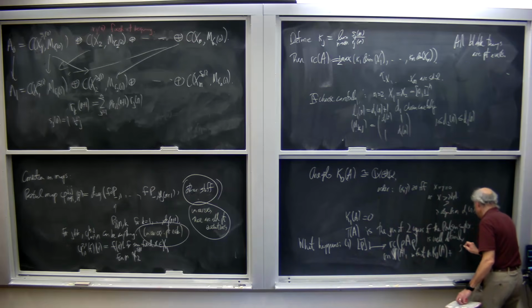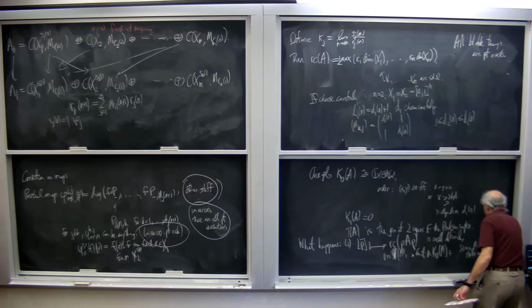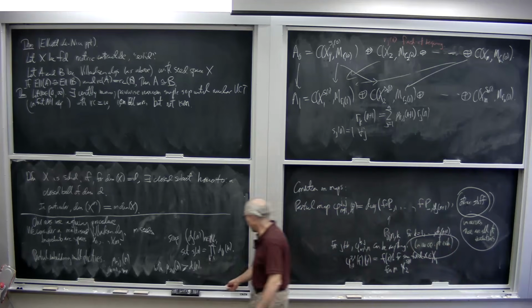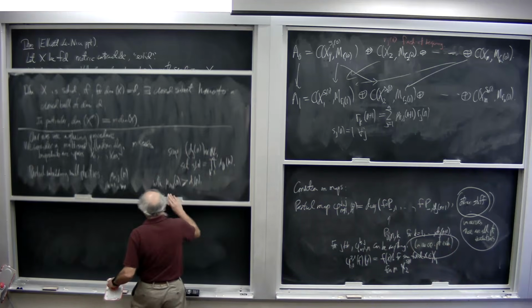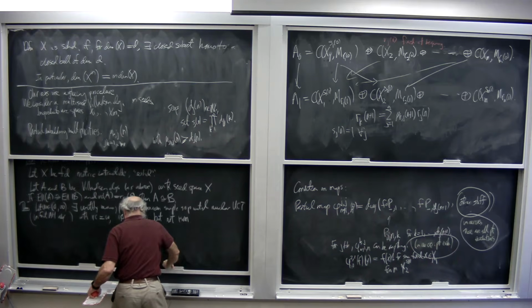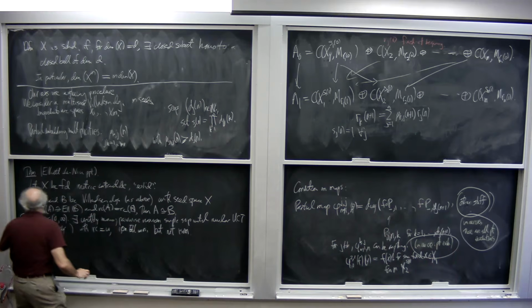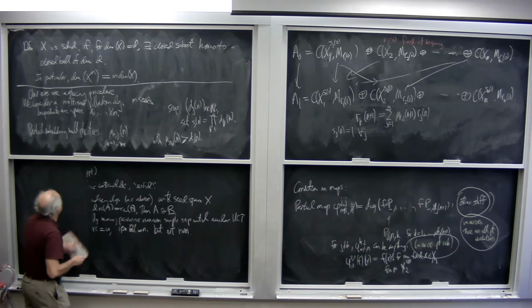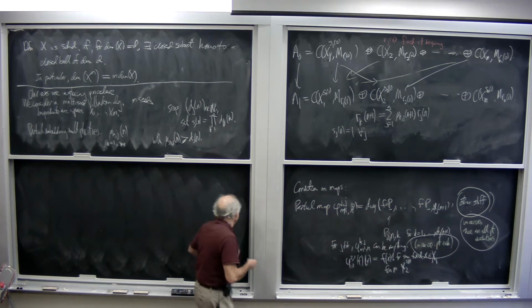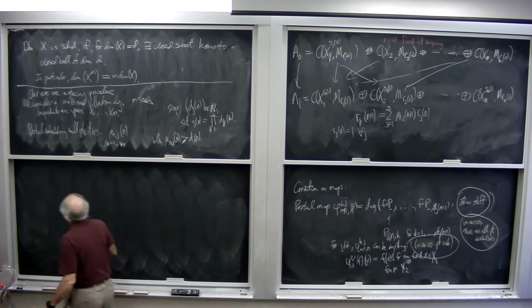This is Elliott's theorem. We want lambda bigger than 0.